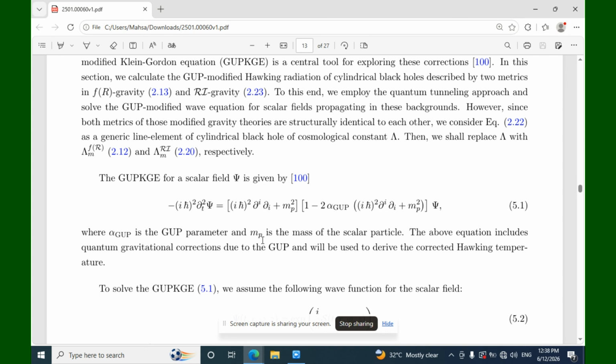derivative of I plus mp to the power of 2 multiplied by 1 minus 2 alpha generalized uncertainty principle multiplied by ih to the power of 2 derivative to the power of the second derivative of I derivative of I plus mp to the power of 2, where alpha generalized uncertainty principle is the GUP parameter and MP is the mass of the scalar particle.